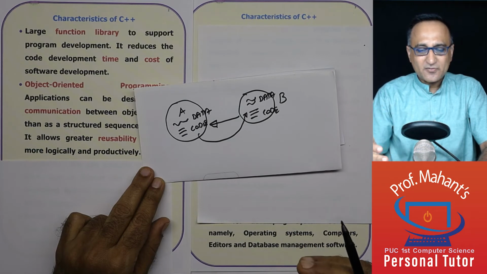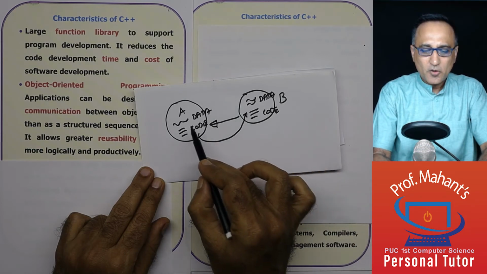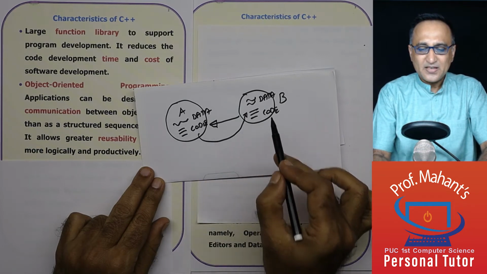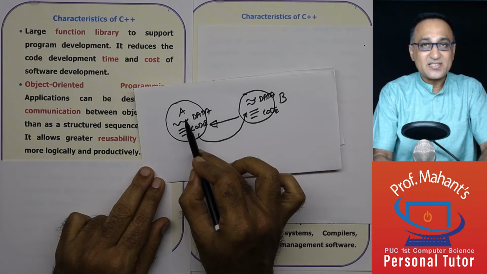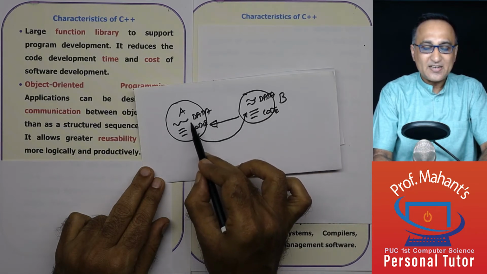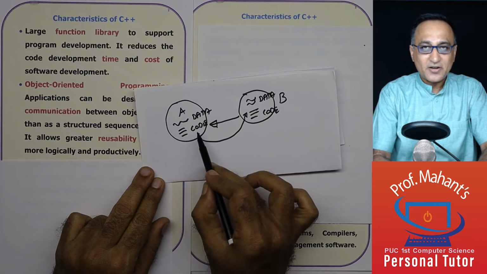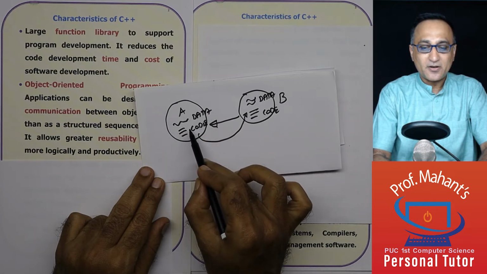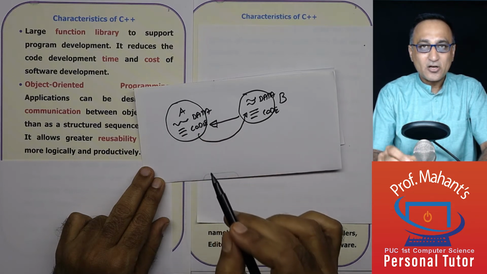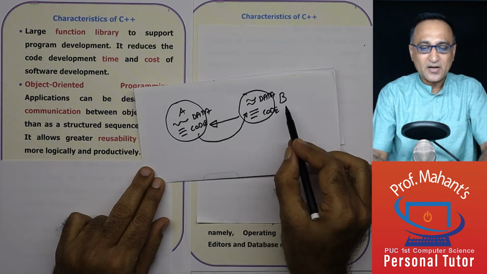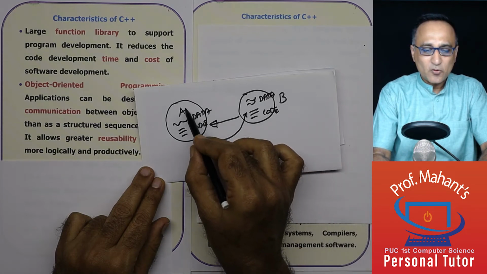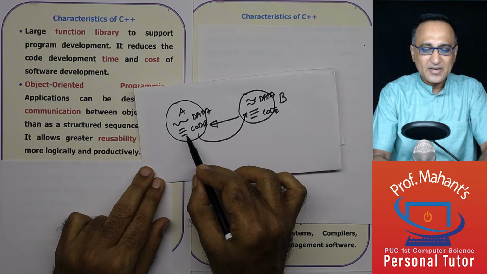The advantage of this communication between object A and object B is that this code cannot directly touch this data. So data is hidden, or abstraction of data is provided, or data is protected from unnecessary or wrongful changes by this particular code. The data here can only be changed by the code contained in A.